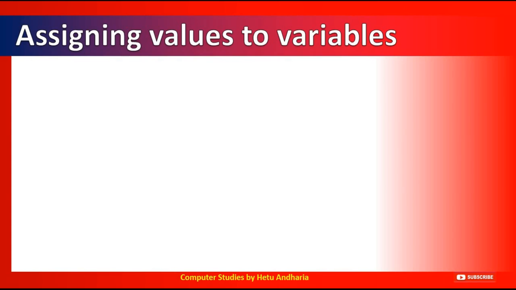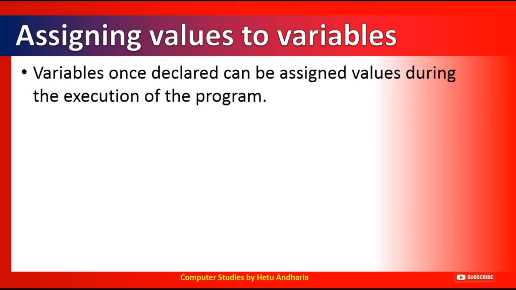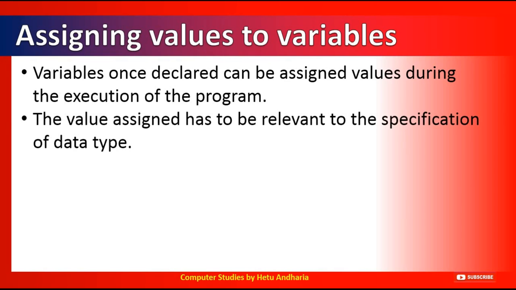Fine. Then the next topic is very simple, assigning values to variables. Variables once declared can be assigned values during the execution of the program. If you have declared int a, b and c, then a is equal to 10, c is equal to a plus b, means anytime you can assign a value to the variable.